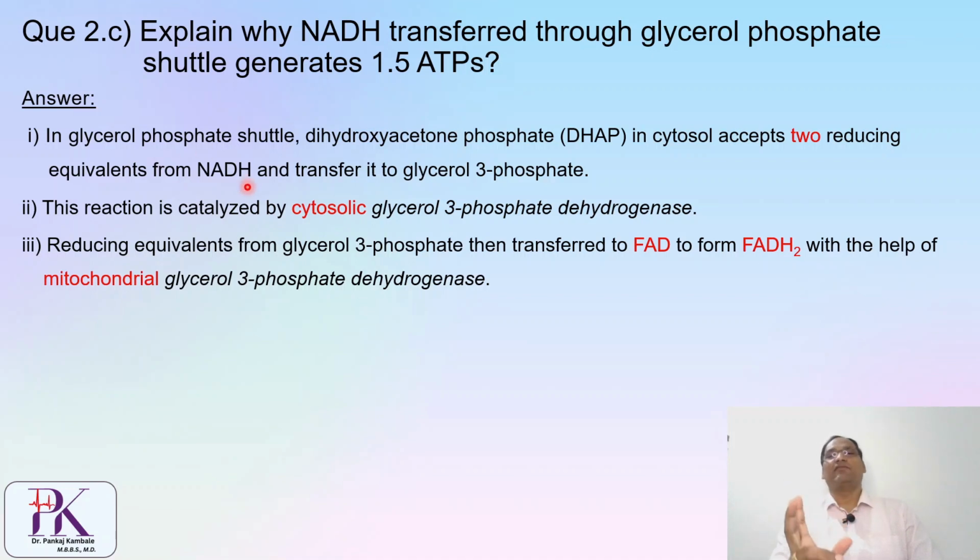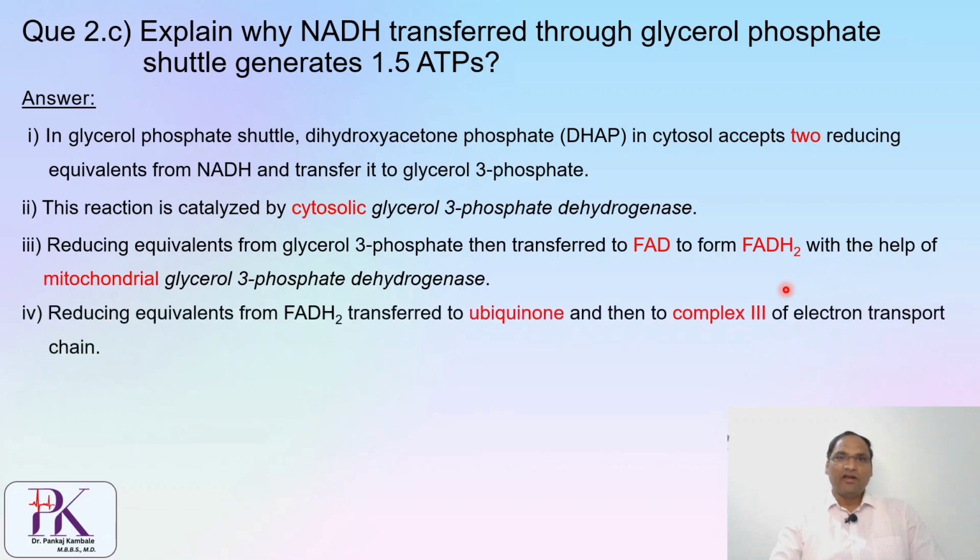Instead, the reducing equivalents are transferred to FAD to form FADH2. And what happens to FADH2? It transfers the reducing equivalents to ubiquinone or coenzyme Q, then complex 3, and further electron transport takes place, reducing oxygen to water. So FAD to FADH2 and then through the electron transport chain.